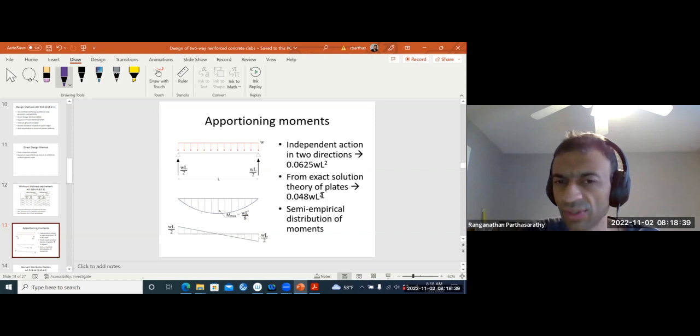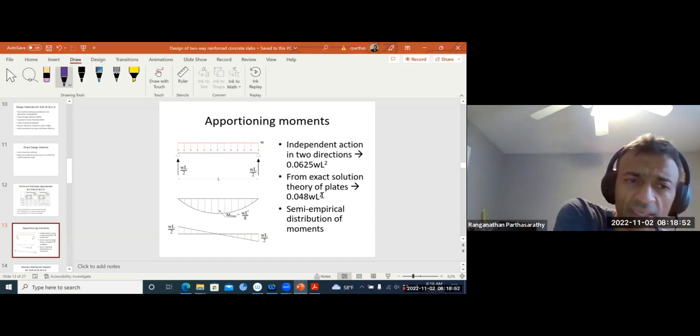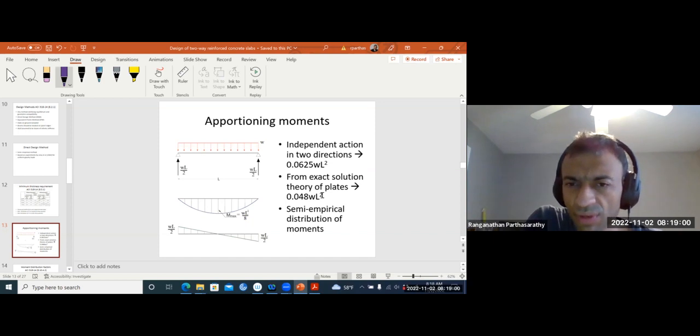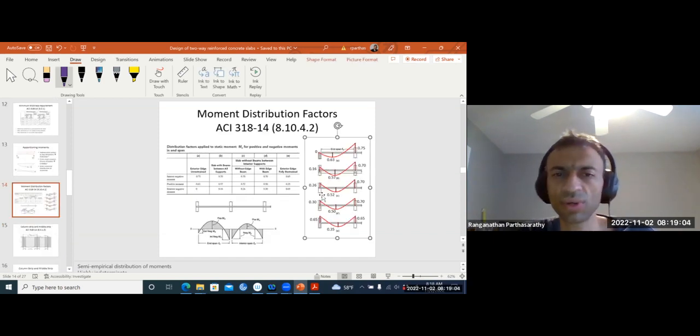But that's not it. Each of the moments will actually be only 0.048 WL square. So that you can get from an exact analysis, but in the direct design method, we will follow a semi-empirical distribution of the moments. So how to do this?